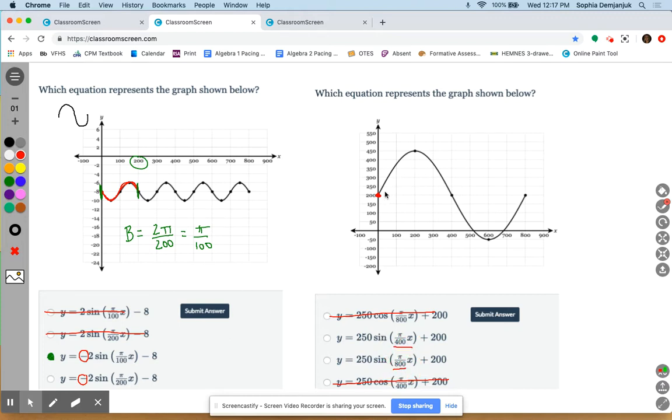Looking at my graph, my period to get my sine shape was 800. So to find my B, I'm going to do 2 pi divided by the period of 800. Top and bottom is divisible by 2, so pi over 400, and I get the second option.